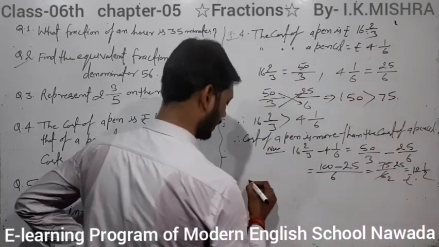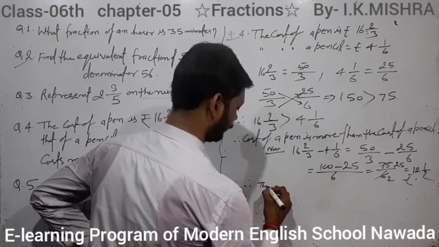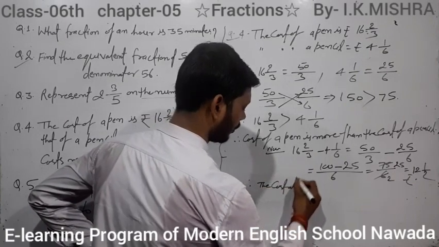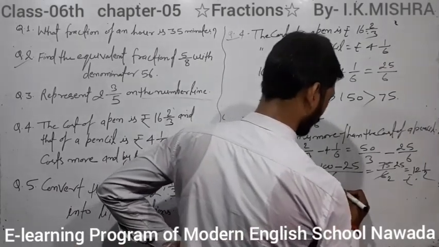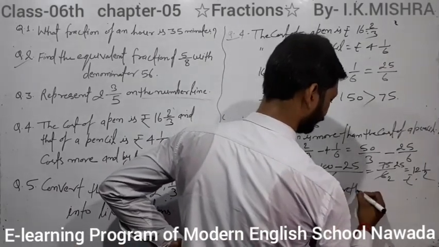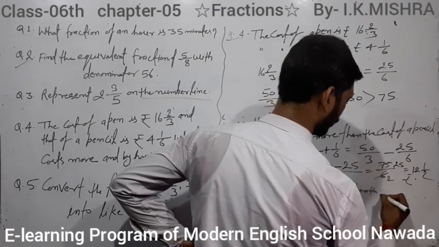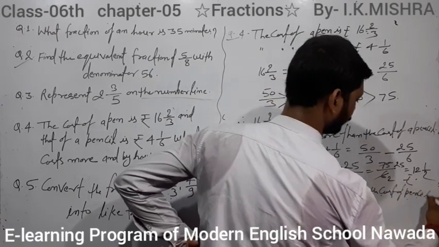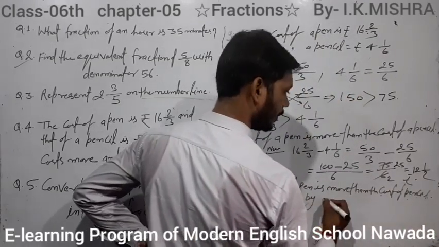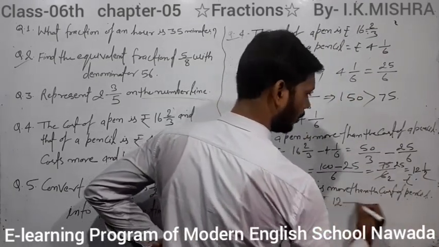So here you can write: the cost of a pen is more than the cost of a pencil by rupees 12 whole 1 by 2.